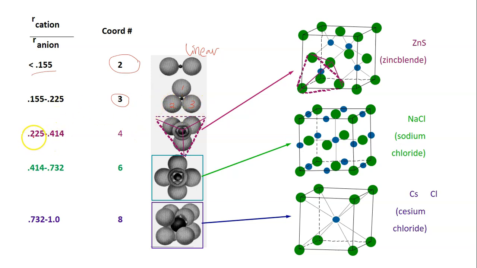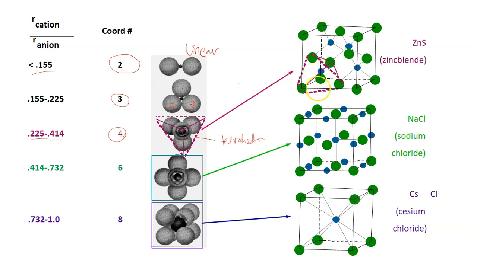And if the range of the ratio is between 0.225 and 0.414, the coordination number is 4, and the cation is located at the center of a tetrahedron. So this is a tetrahedron. The cation is located at the center with anions at each of the 4 corners.